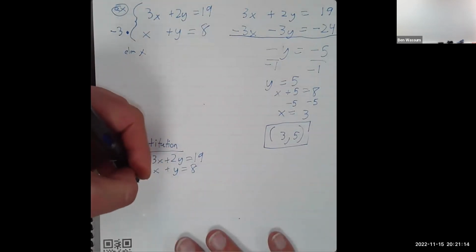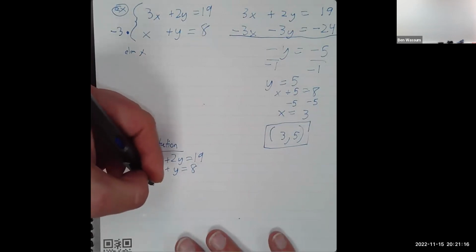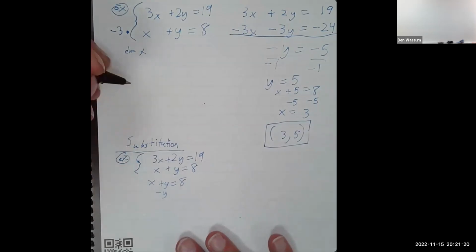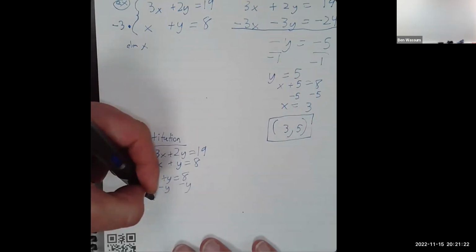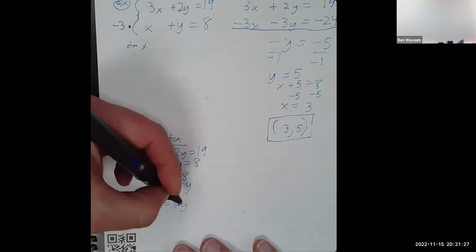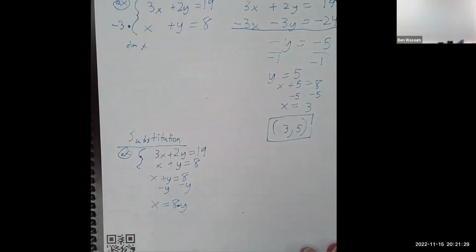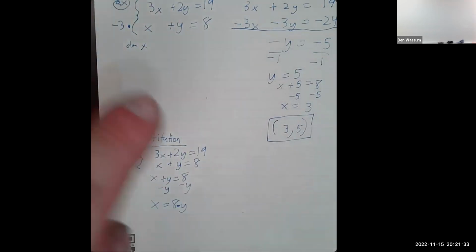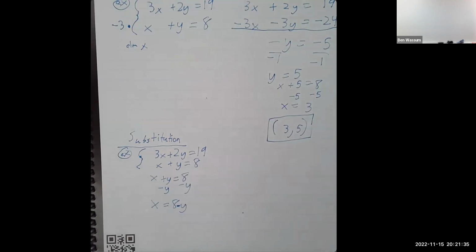So let's say I solve for x. I have x plus y is 8, and if I solve for x, I subtract the y from both sides, and I have x is equal to 8 minus y. There's a minus there, I promise. I'm not rushing, I don't know what you're talking about. So we have 8 minus y is x.